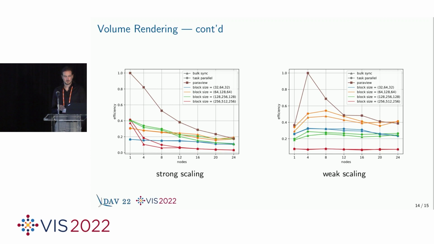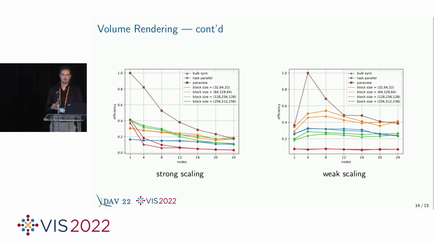However, there is some interesting behavior that we can observe in relation to the difference between bulk synchronous and task-based implementations. As we can see here in the strong scaling experiments on 1 to 8 nodes with the largest block size, so the lines here in red, we see that the task-based approach is a little bit better, is a little bit faster, and we believe that this is due to the low number of blocks that the task scheduler is able to schedule.